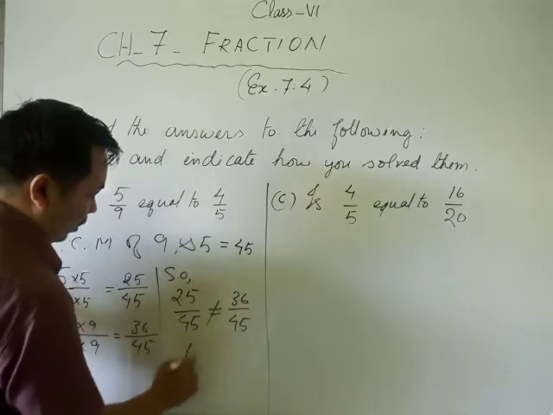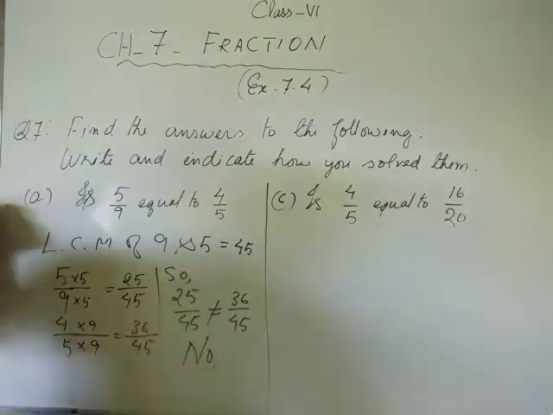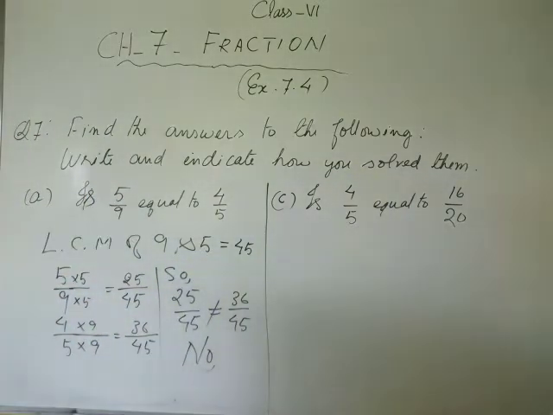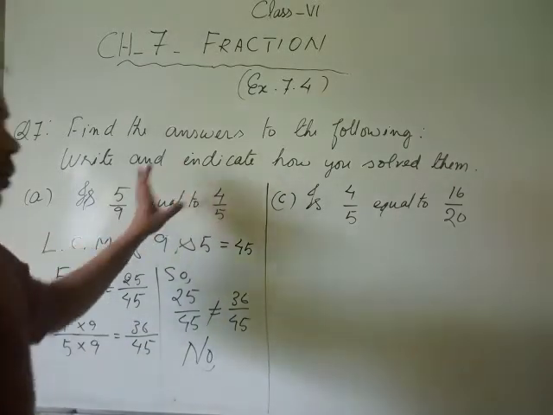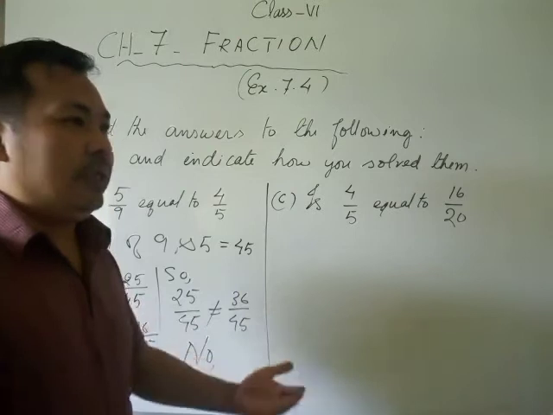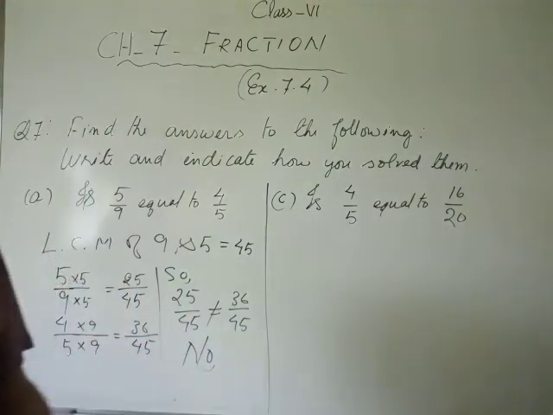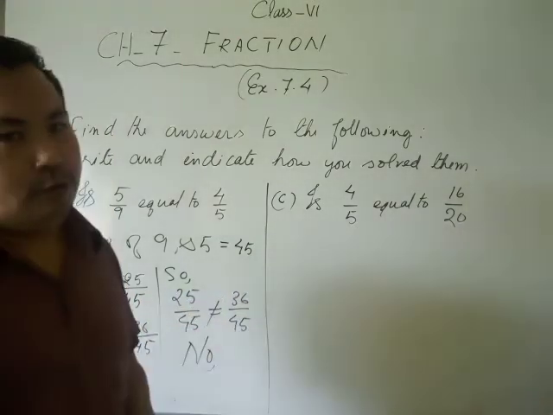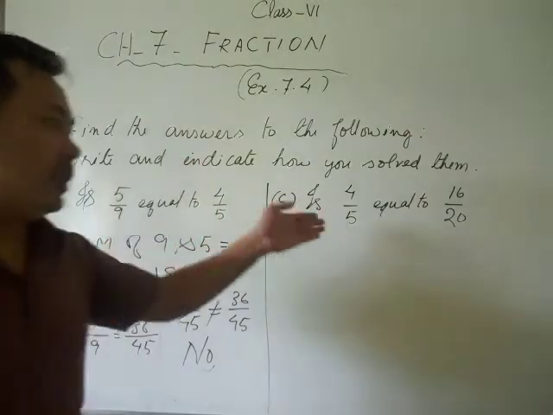Not equal. The answer is no. We proved that these two fractions are not equal, by converting into like fractions and checking whether they have the same value. Now let us see the next one.